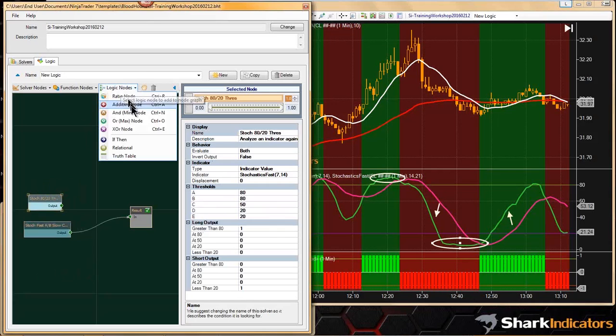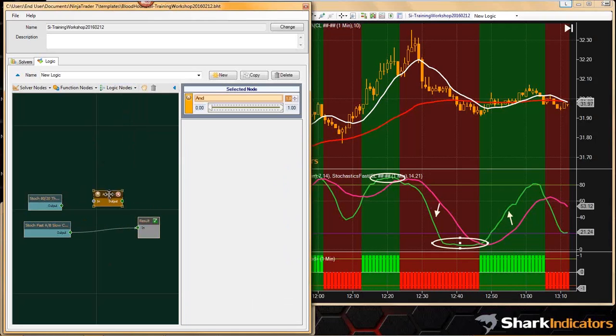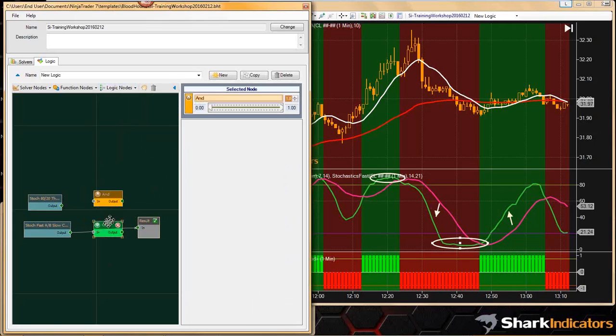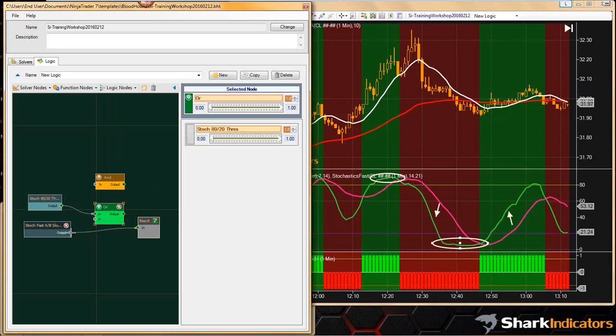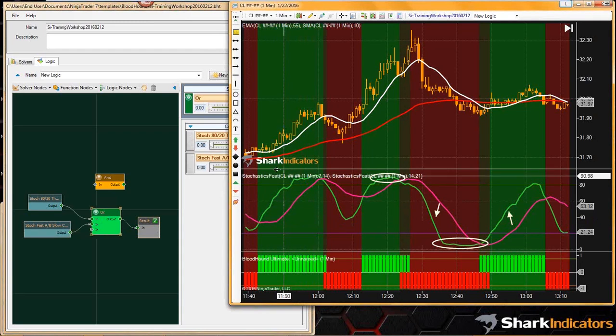Alright, so let's show some examples of what you might have tried. If you try an OR node, that's definitely not going to work.